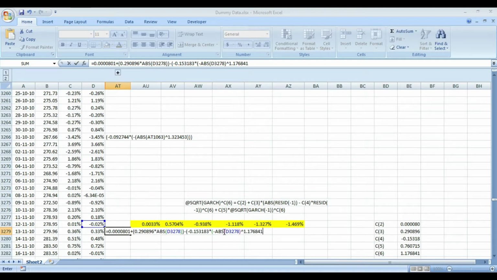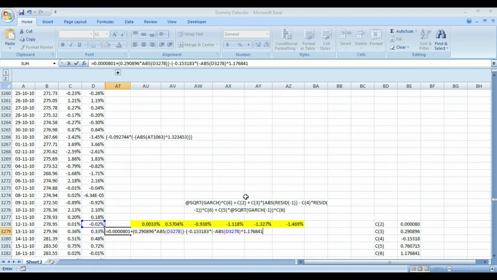If I don't write absolute over here and simply raise this term to the power of this value, Excel will give me an error since this is a negative value. So I have put in an absolute in front of this, and since it was a negative value, I again put the minus sign in front of it, right?